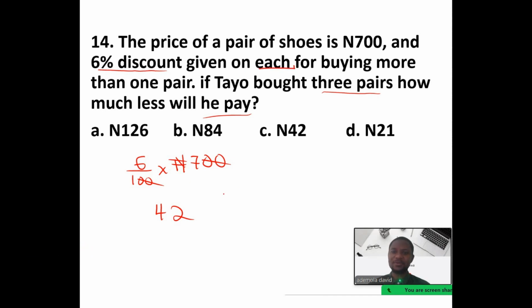I love this question, on each. So what we have calculated is for 1, and then we're buying 3 pairs. So you're going to multiply this by 3, and 3 times 2 gives you 6. 3 times 4 gives you 12. So your answer is 126. Boom, I love this question because I know a lot might be the first to pick C.